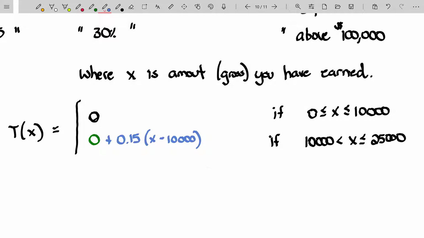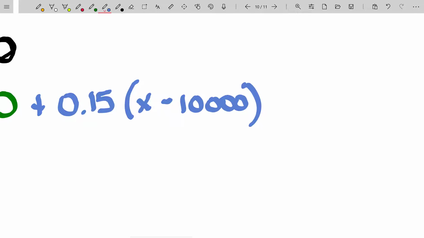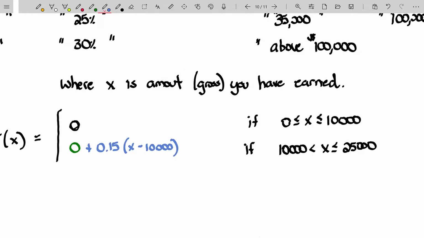So if you take a look at how I've written that, imagine that you earned $17,000. Of these two categories, first or second, two sub functions, you will belong to this sub function because you earned gross 17,000. So you should only pay 15% of every dollar beyond the first 10,000.